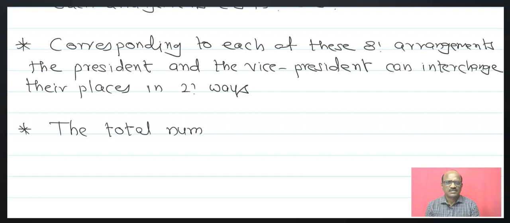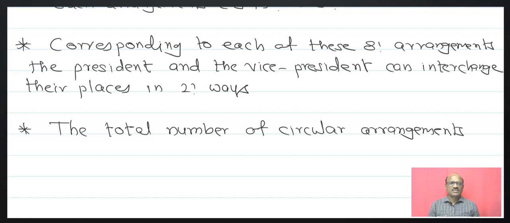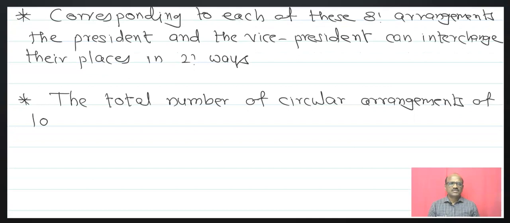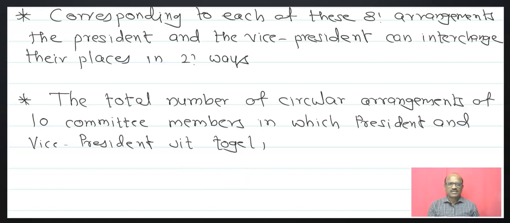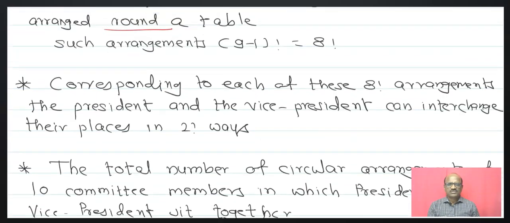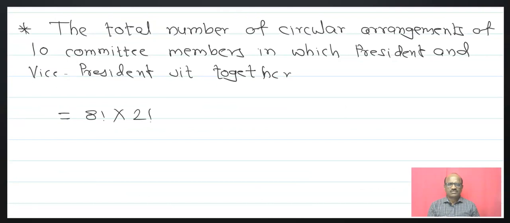Therefore, the total number of circular arrangements of 10 committee members in which president and vice president sit together is equals to 8 factorial into 2 factorial.